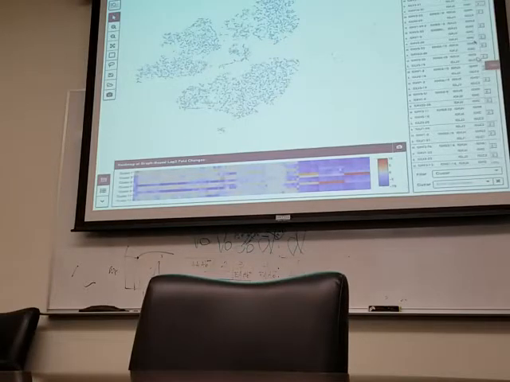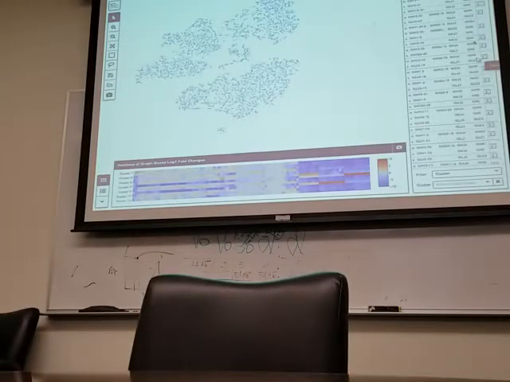T-bet high memory. So you have a third naive, a third T-bet high memory, and then just other memory. Yes, T-bet negative memory. But you've got the data. That's 165. That's the one I was looking at.